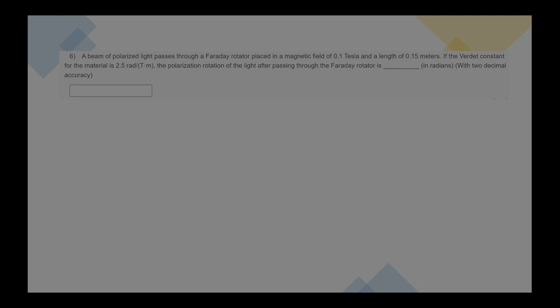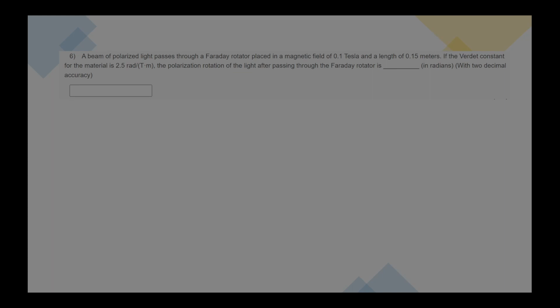Okay, question number 6. A beam of polarized light passes through a Faraday rotator placed in a magnetic field of 0.1 Tesla and a length of 0.15 meters.